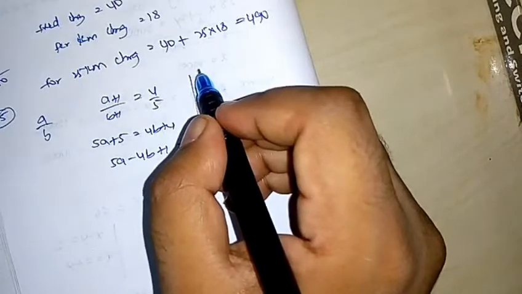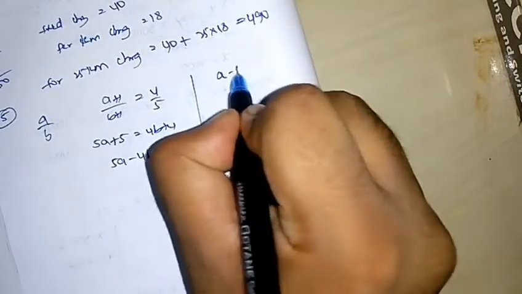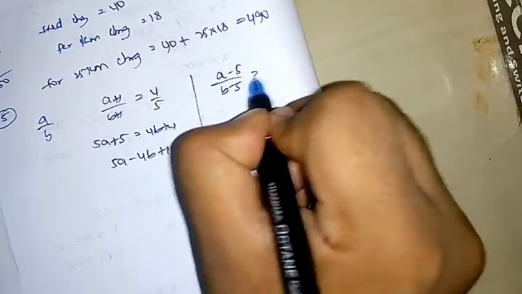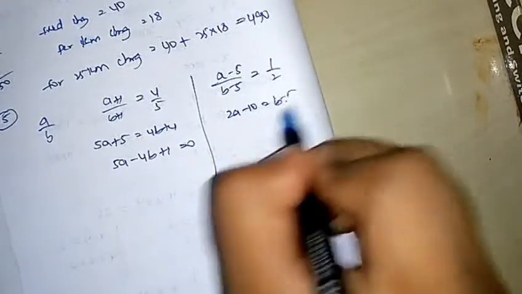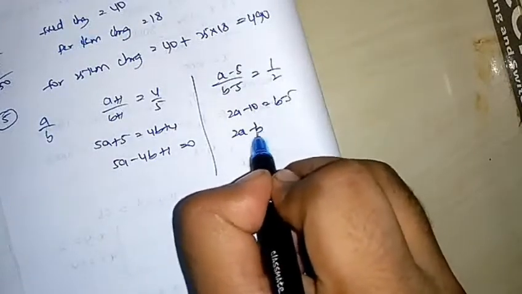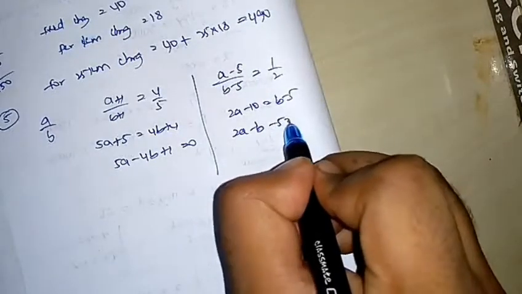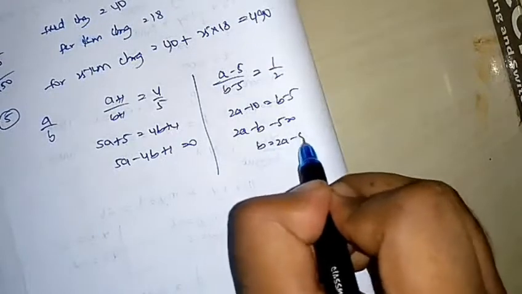Second equation. If 5 is subtracted from both numerator and denominator, a minus 5 by b minus 5 is equal to 1 by 2. So 2a minus 10 is equal to b minus 5. 2a minus b minus 5 is equal to 0. b is equal to 2a minus 5.